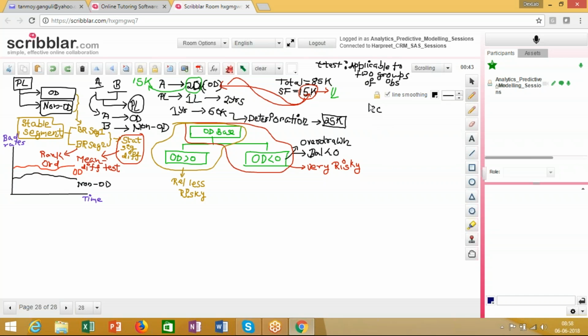And what I see is that there are three segments. Say a delinquent segment, then the second one is an active segment, or say non-delinquent segment.